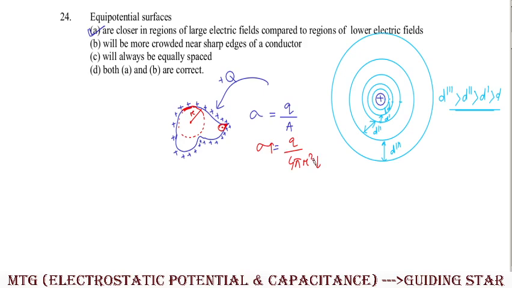If the radius increases, then the surface charge density will decrease. So remember, if you are looking at this small curve part where there are sharp edges, the radius of curvature will be small.